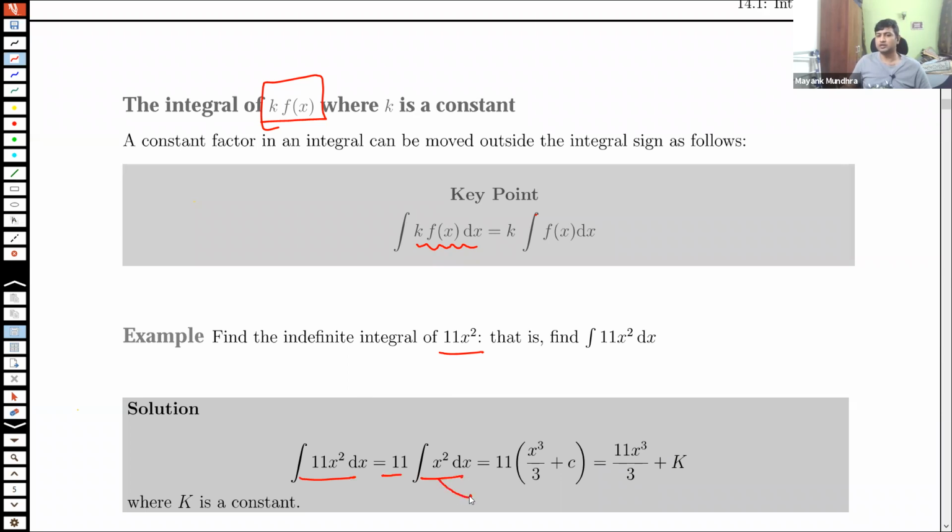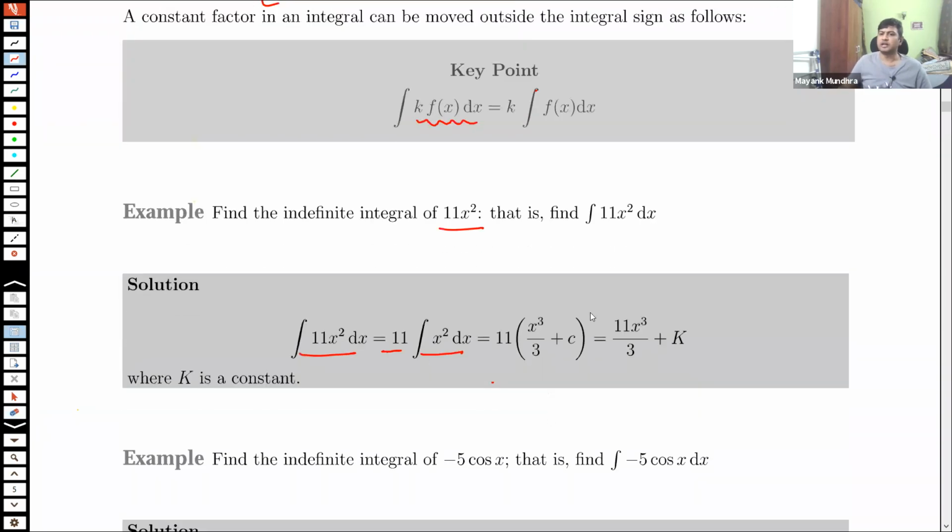And I know that integration of x square is x cubed by 3 plus c. Then you take the 11 which you have outside, so 11 times x cubed by 3 plus c, which becomes 11 x cubed by 3 plus 11c.